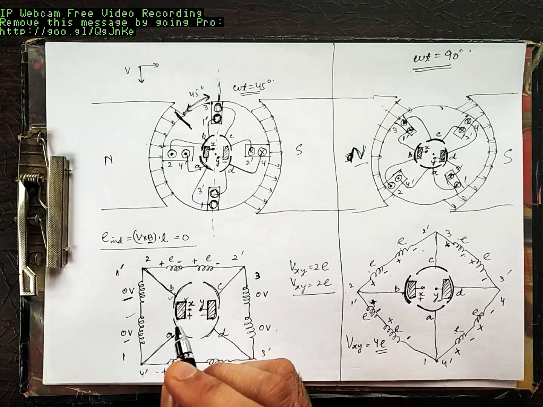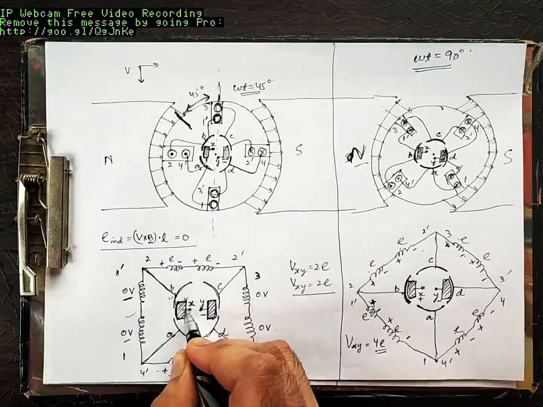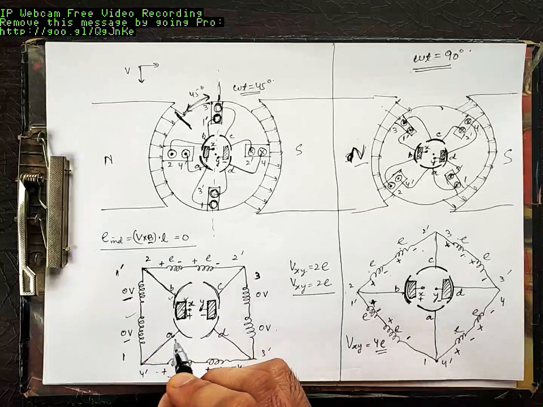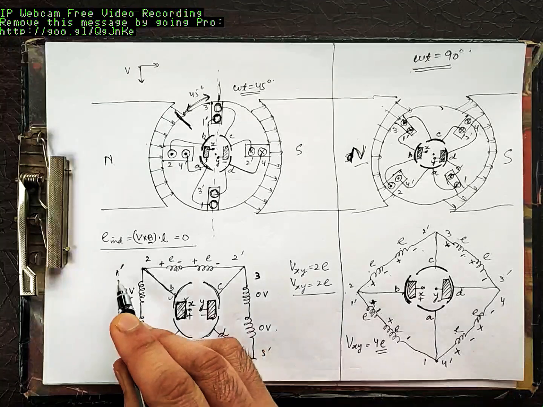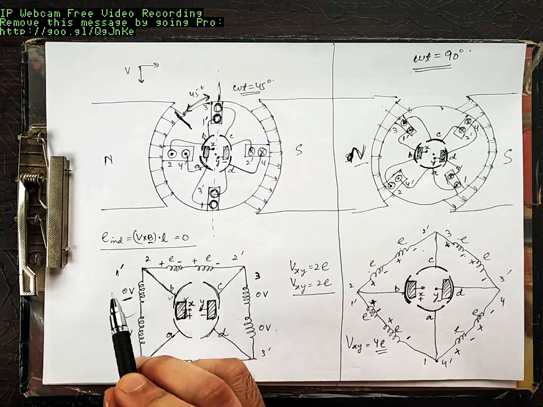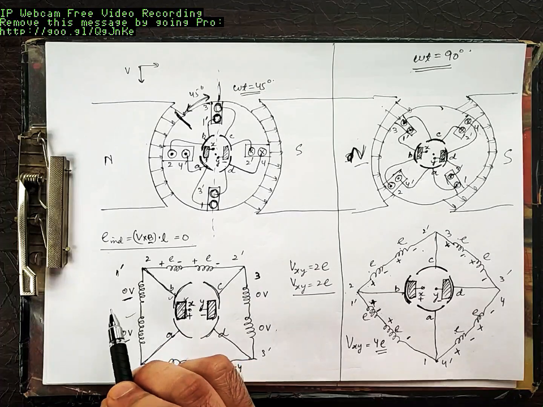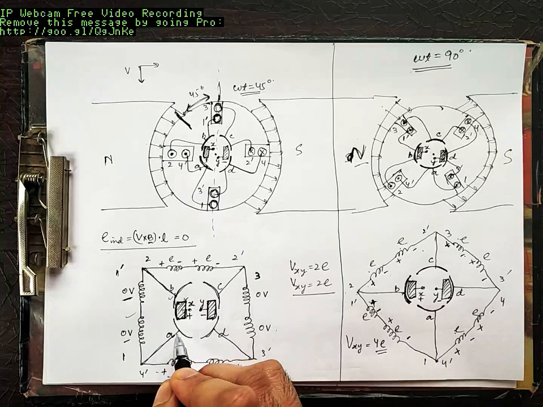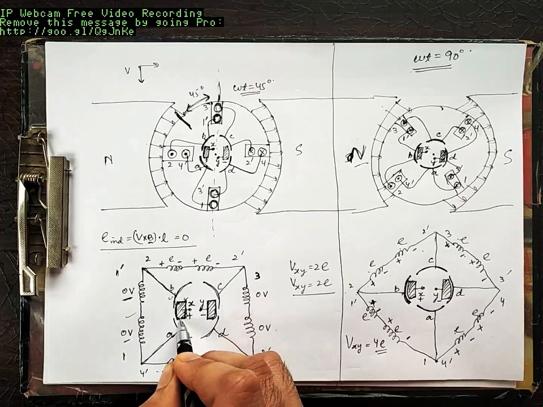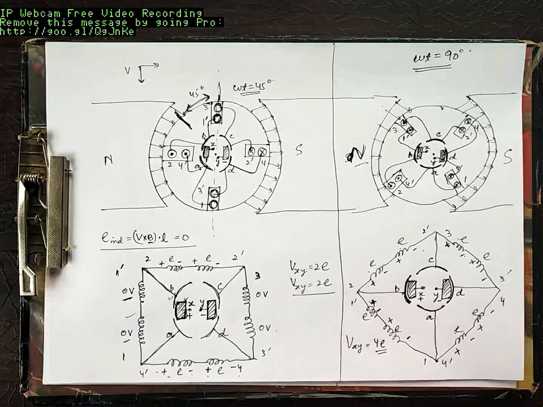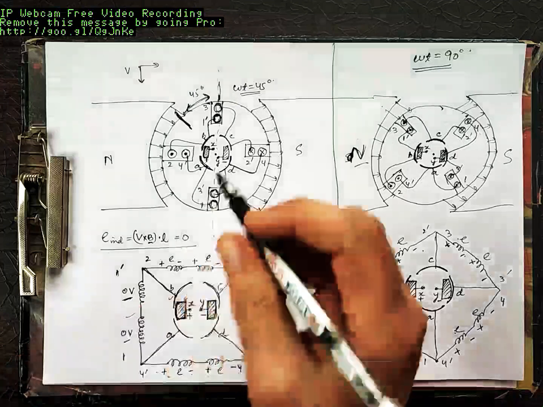That is, the instant the brush short circuits commutator segments A and B, and the coil that is between them, that is coil 1, the voltage induced in that coil at that instant is 0. This was the case.